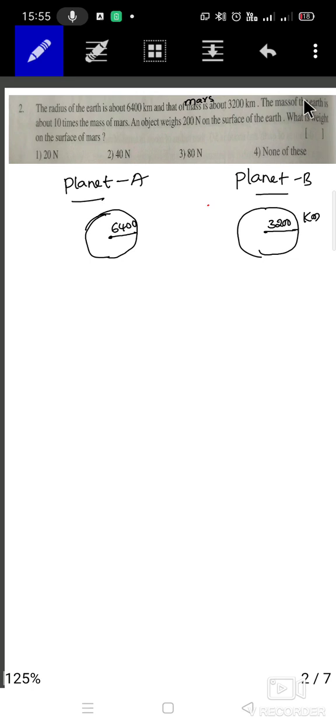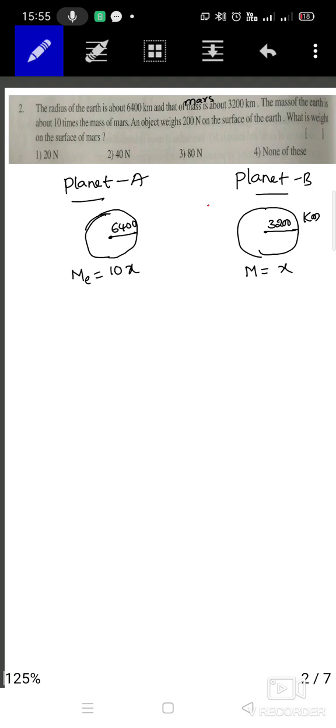Okay, the mass of the earth is about 10 times the mass of Mars. Let us consider the mass of Mars is x, and the mass of the earth is 10 times the mass of Mars, that means 10x. An object weighs 200 newtons on the surface of the earth.